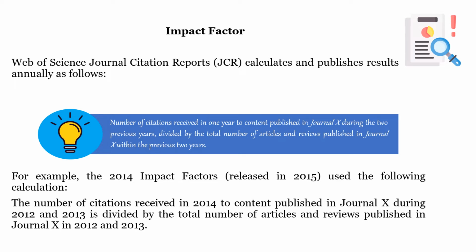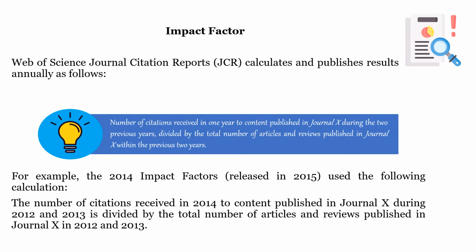So, how to calculate the impact factor? Web of Science Journal Citation Reports calculates and publishes the results annually, as already said. The formula is the number of citations received in 1 year to content published in Journal X during the 2 previous years, divided by the total number of articles and reviews published in Journal X within the previous 2 years.